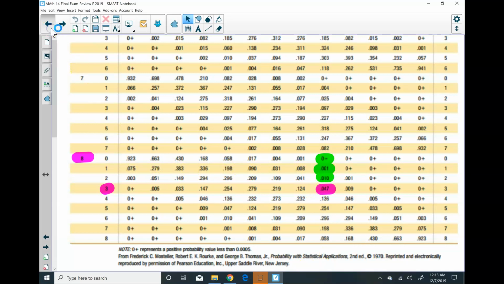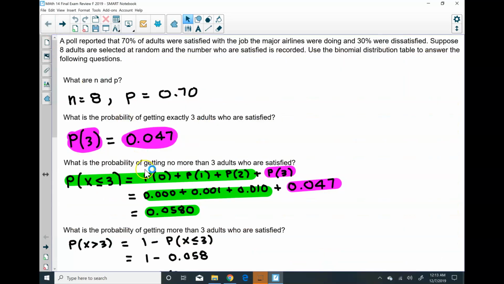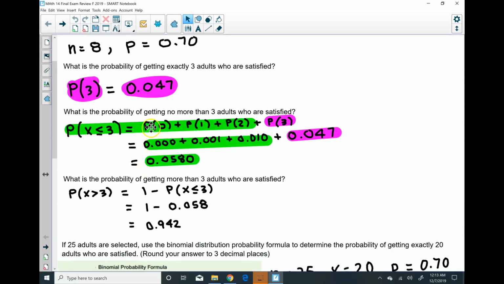So now if we go back and we take a look at the results, the probability of 0 is 0 plus the probability of 1, which is 0.001, plus the probability of 2, which is 0.010, and then adding the probability of 3 together gives you 0.0580. And again, that is the probability of getting no more than 3 adults who are satisfied.